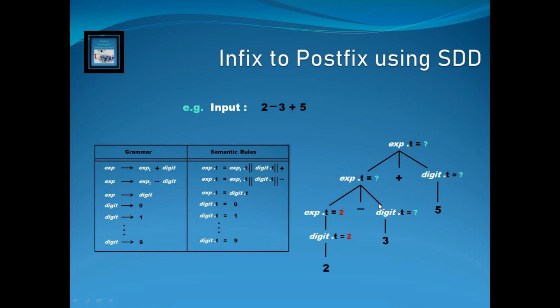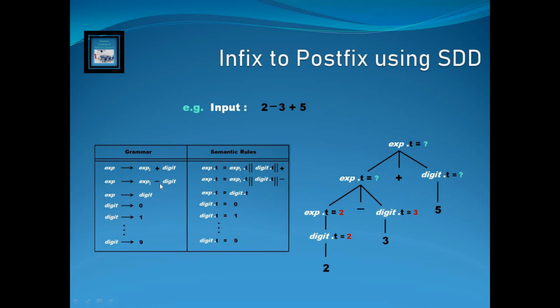In order to evaluate this right child, we again see the syntax directed definition. Here the production digit can have the form of 3 is used, and its corresponding semantic rule says that digit dot t will also be equal to 3. Similarly, in order to compute this expression's postfix form, we see which production is used here: expression can have the form of expression minus digit.